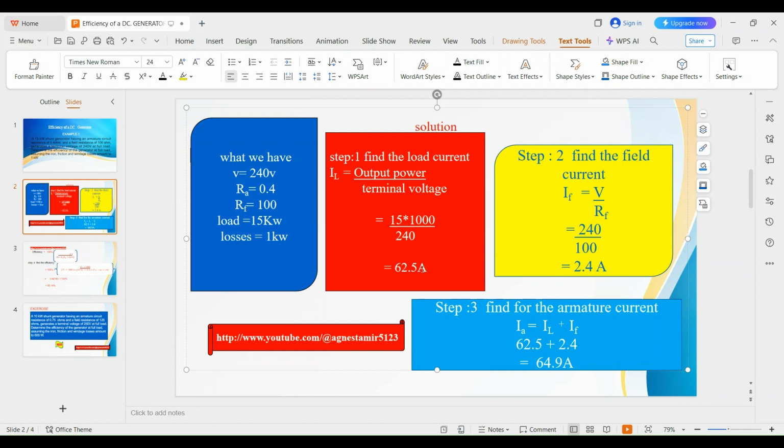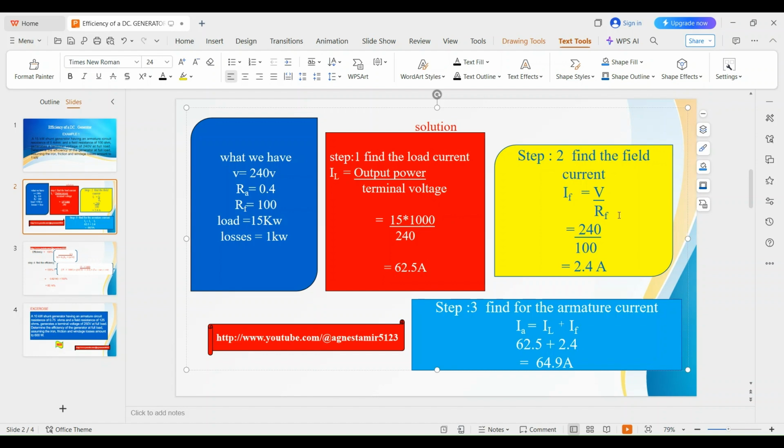After getting the load current, the next thing that we're going to look at is to find the field current. That is our step 2. So our field current will be given by the terminal voltage divided by the field resistance.